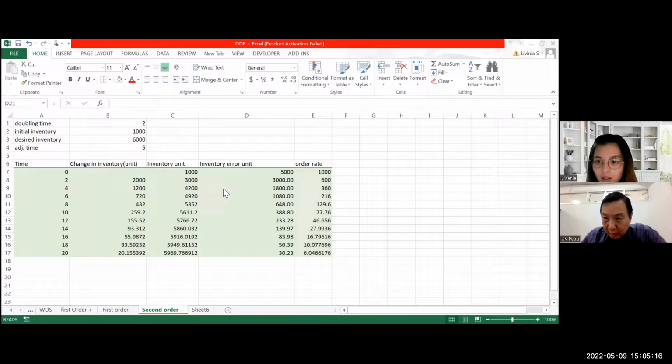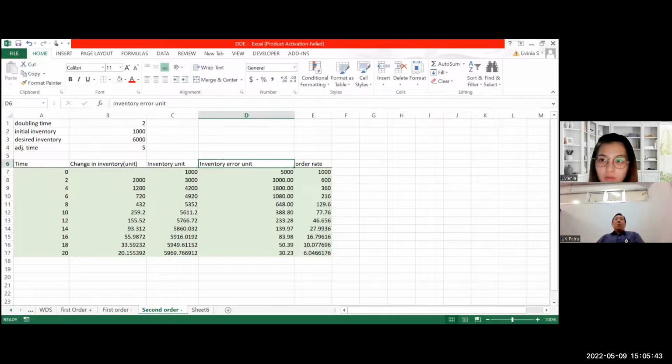So inventory error is still the same, order rate still the same, right? Now you have additional change in goods on order unit (GO), and then the receiving rate. So you add several more columns.